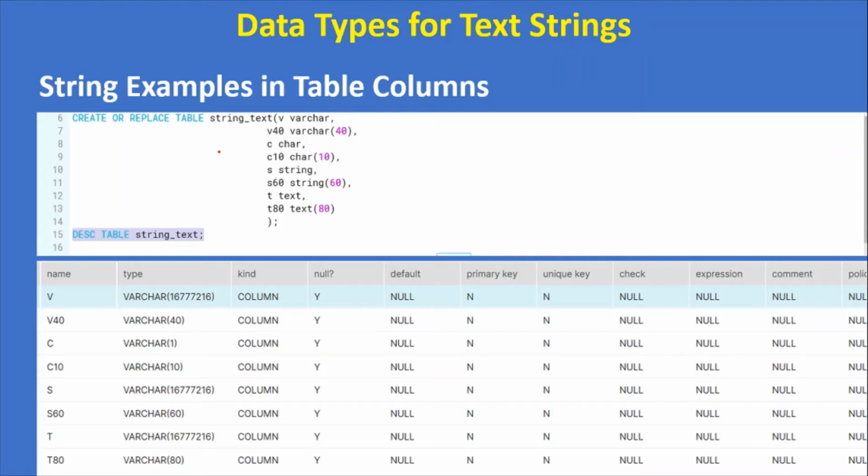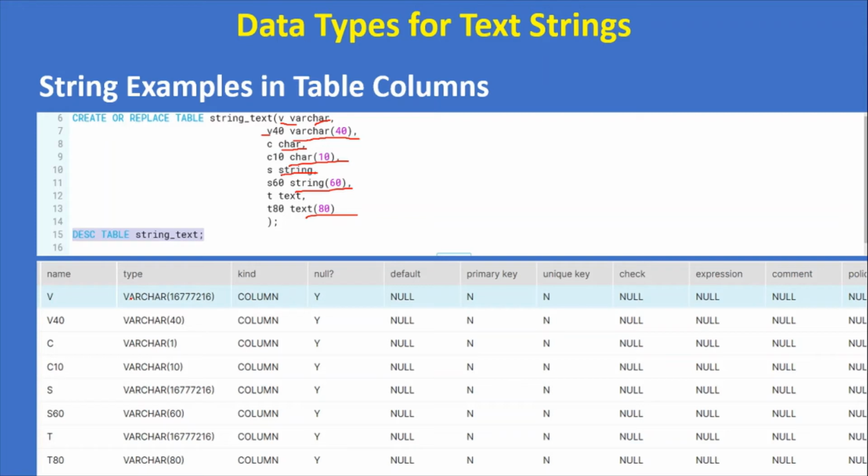Data types for the text strings. Here are string examples in the table columns. I have created a table, string_text, with different sizes. V is the first column name with varchar without specifying any length, and V40 is varchar of 40. C is char, and C10 is char of 10. S is the column name with string, and S60 is string of 60. T is text, and T80 is text of 80. After creating the table, I described it, and you can see the structure of all the columns.